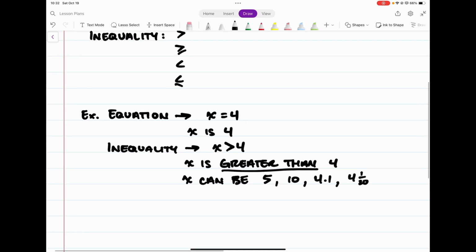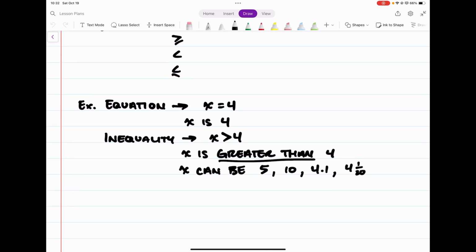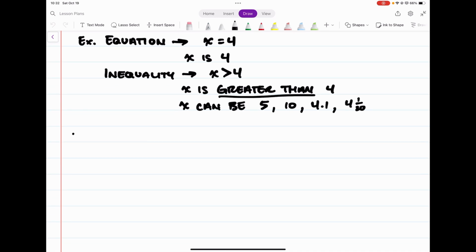Now, this is good for us sometimes because when we're setting up rules, we want to say that any value that's greater than 4 is good. So for example, how can we use this? Let's say x is a passing grade.